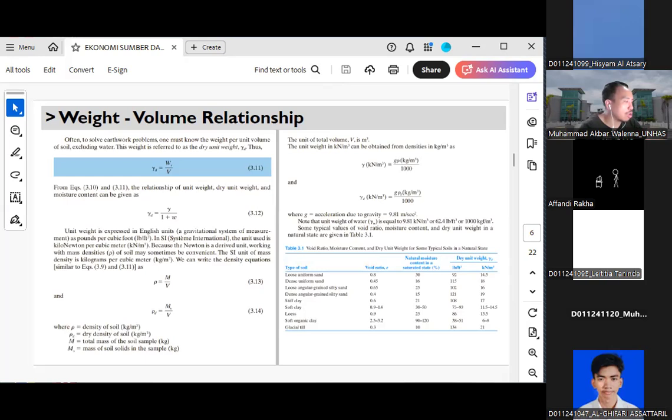So how do you interpret this formula? If moisture content increases, then the denominator becomes bigger, so the dry unit weight would decrease. The way we should understand this is that more water makes the soil heavier.